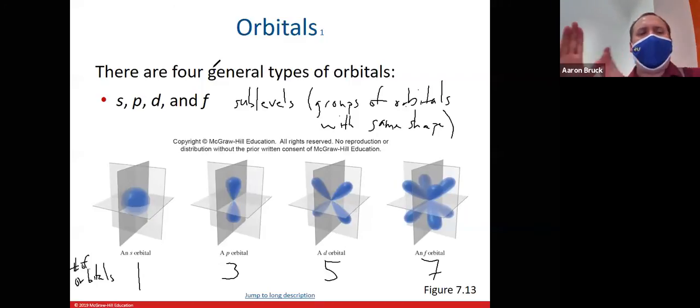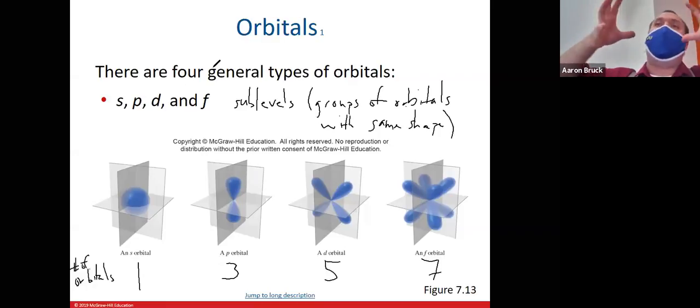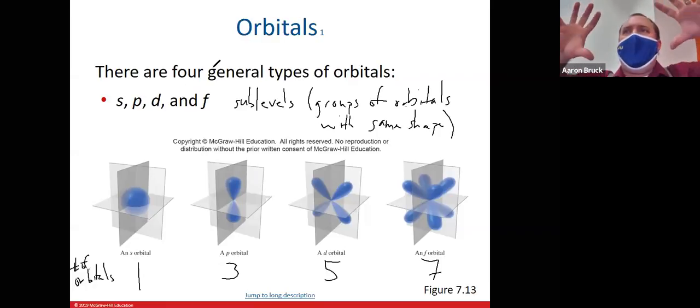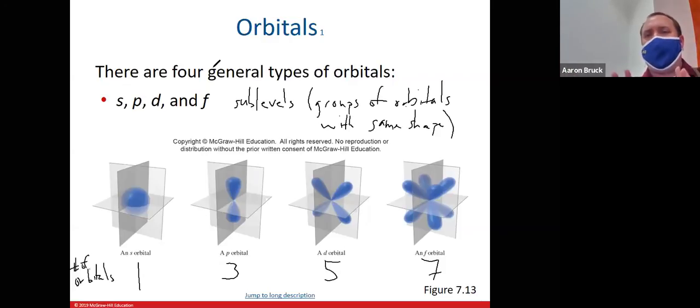So with those orientations, if I start to put them together, what I will find is that those combinations together in a given energy level end up producing a general sphere that represents that total energy level where those electrons can exist. And with that in mind, we need to understand a couple of things.